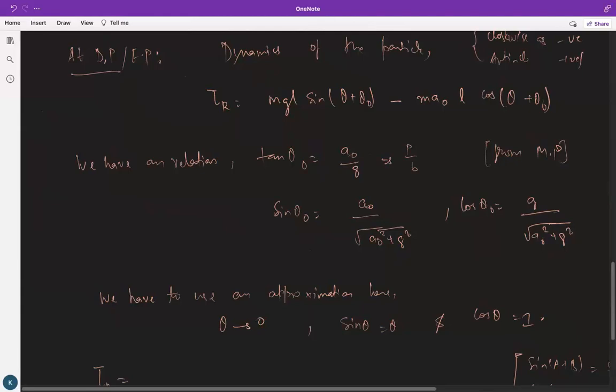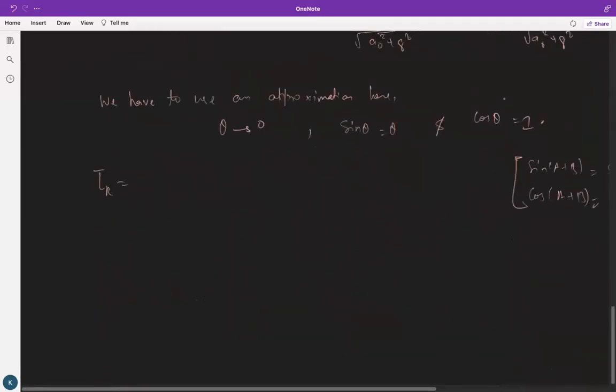So let's start. Just open this term, taking it as sine of A plus B, and take the other term as cos of A plus B, and start writing here, using the approximation where sine theta is equal to theta and cos theta is equal to 1.